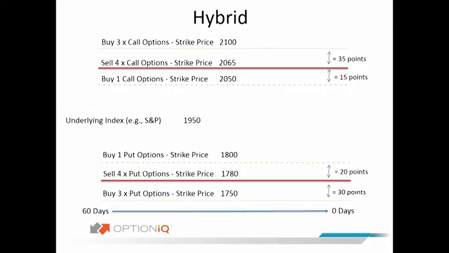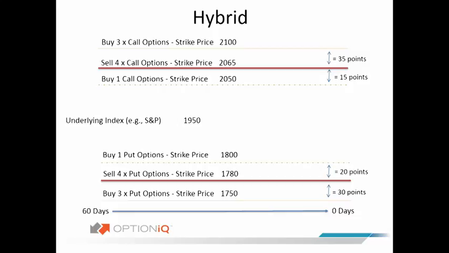We have our outside protection, similar to the iron condor, and then we also have what's called the inside protection. The inside protection is the protection that we used on the Eagle strategy on the call side. So we've basically taken the Eagle and the iron condor and created essentially a hybrid version of those two strategies, and we've named it hybrid.